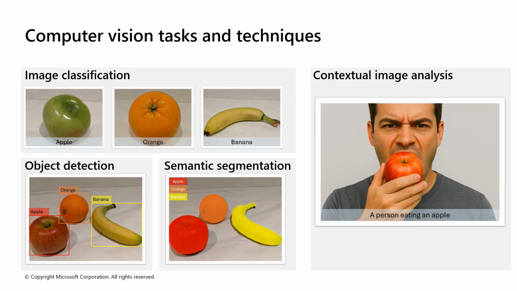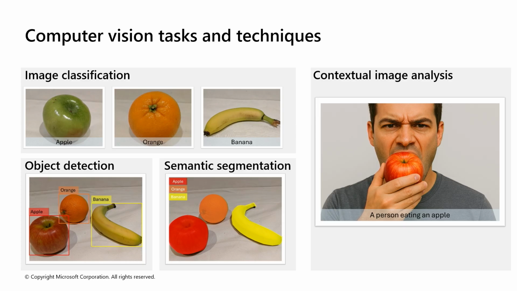The most advanced task is contextual image analysis. This goes beyond recognizing objects. It focuses on understanding what is happening in the scene. For example, a person eating an apple, like the image on the slide. Or maybe a delivery driver placing a package next to the door.